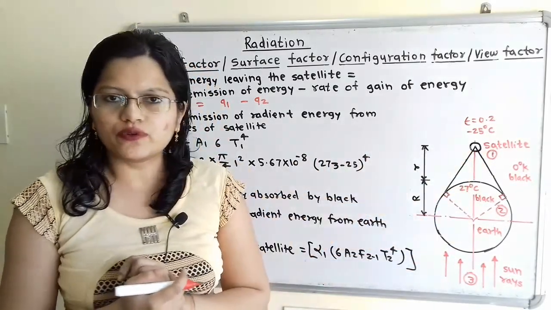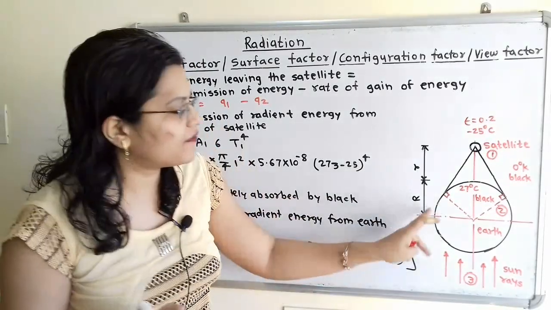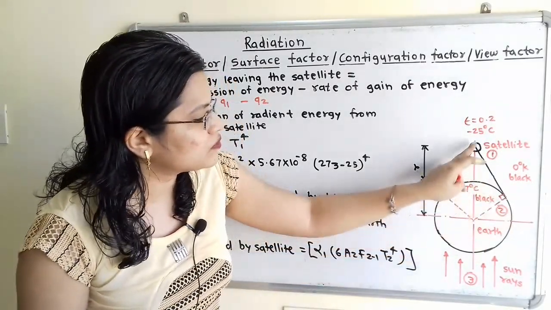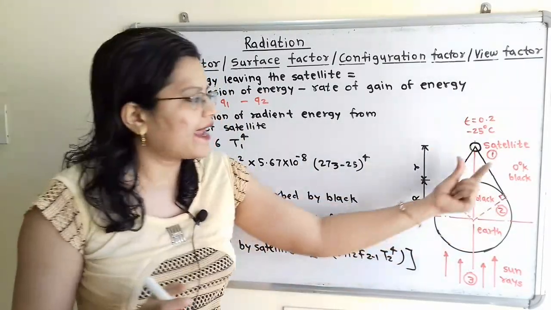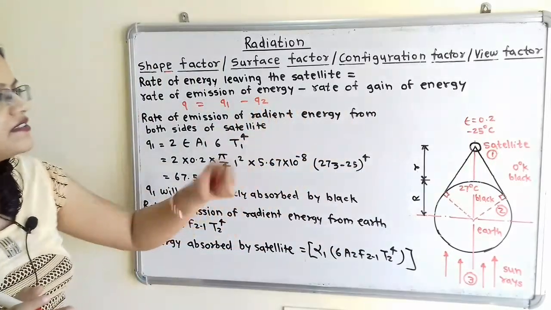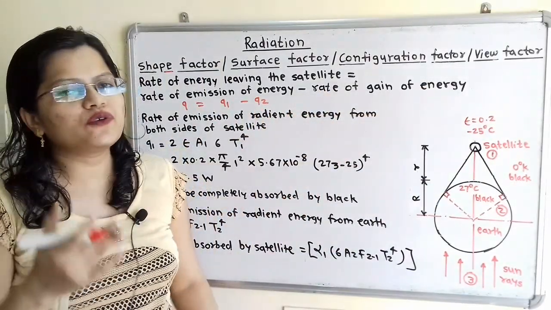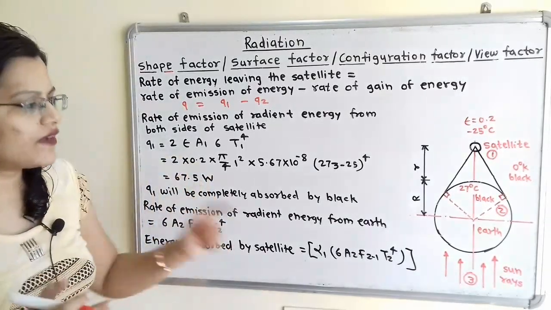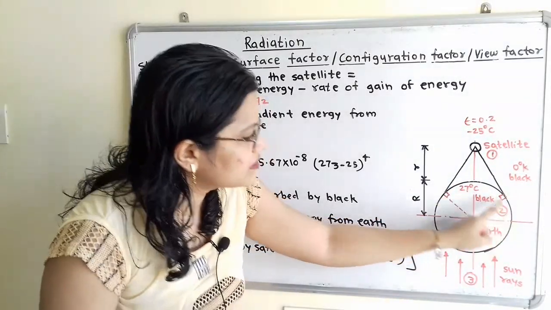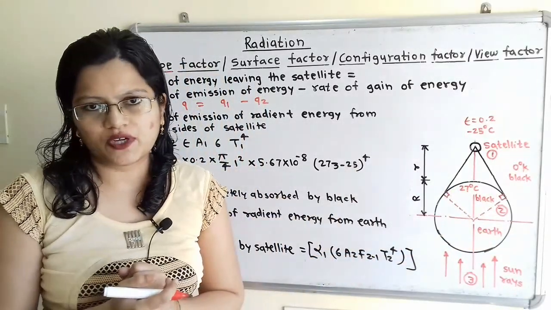This fraction of energy radiated from the Earth's surface that reaches the satellite is f of 2 to 1, and that shape factor is involved in the rate of gain of energy. But we have to use the other parameters also, because the rate of energy emitted by the Earth's surface will depend on the temperature of the Earth also.